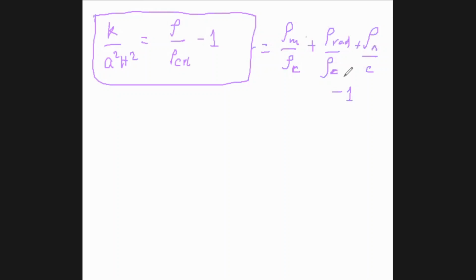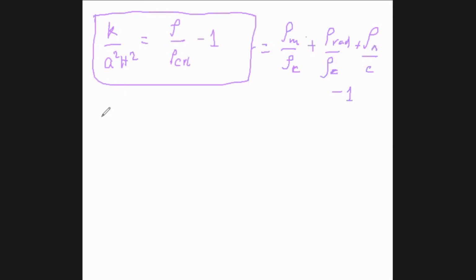It is very easy. Take the Friedmann equation, 3H square is equal to 8 pi G times rho.